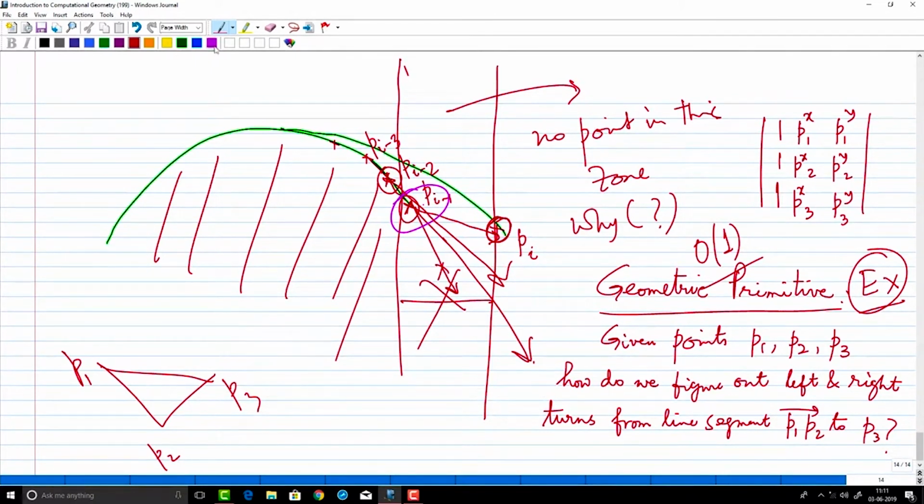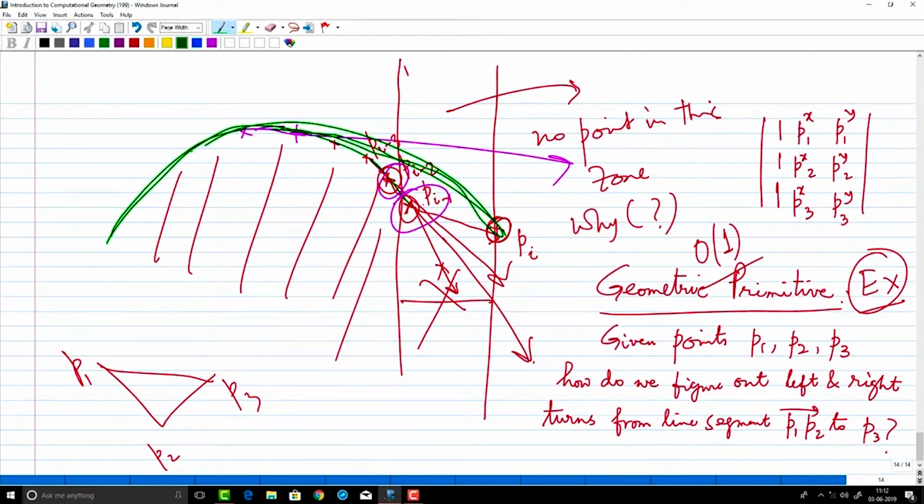So, now you know that pi minus 2 also has no business being in the hull. You keep going back till you hit a point such that this is going to make a right turn to hit pi. So, now this is your convex hull, agreed.